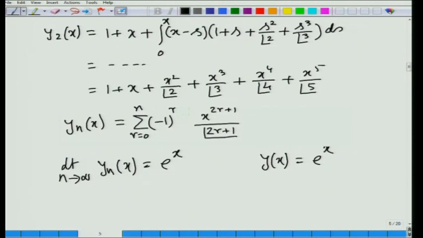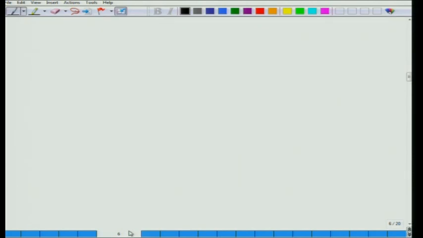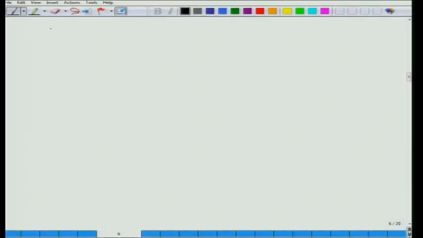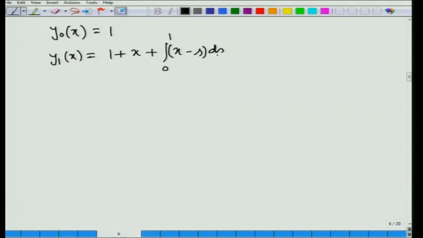And here we would like to verify what will be the effect if we choose some other function as y0x. So, we are going to solve the same problem by assuming y0x equal to 1. Then y1x will be equal to 1 plus x plus integral 0 to 1 x minus s ds.